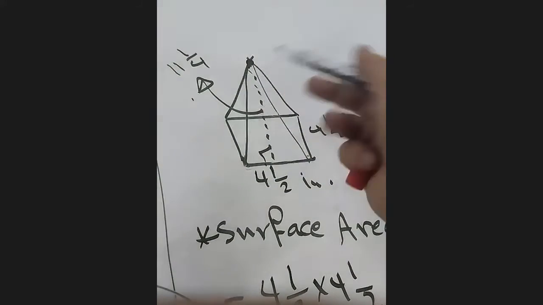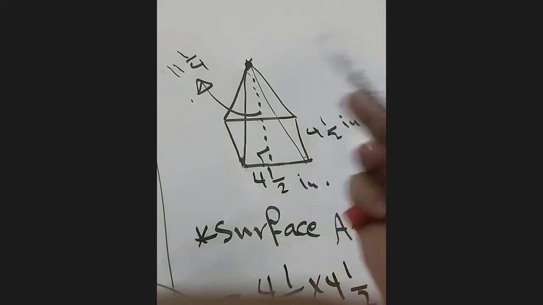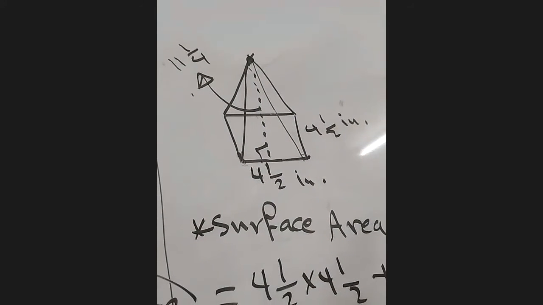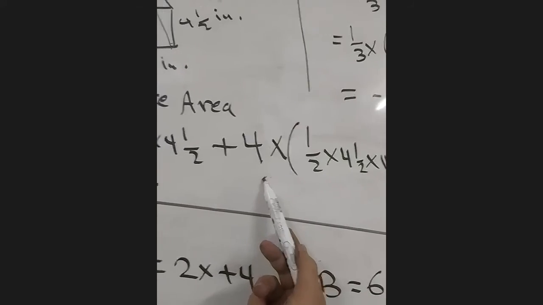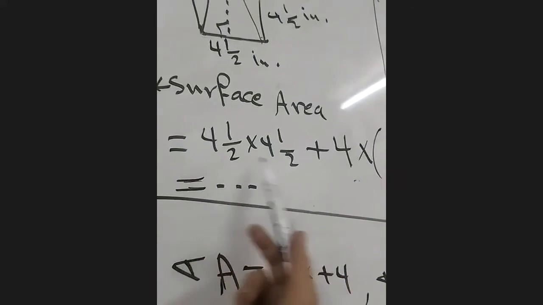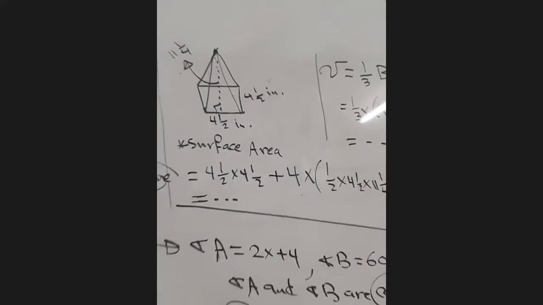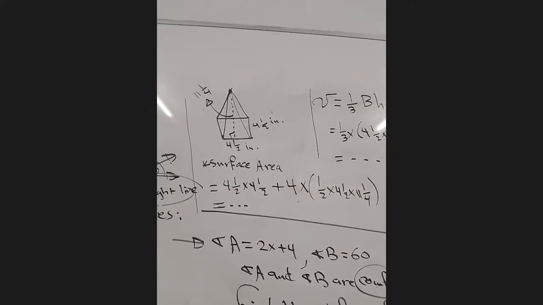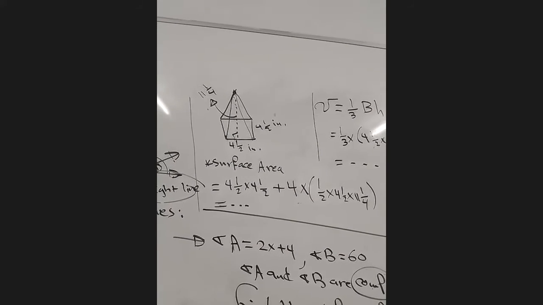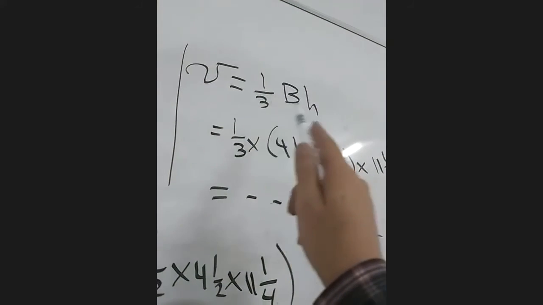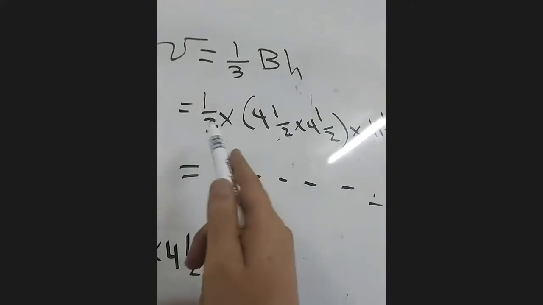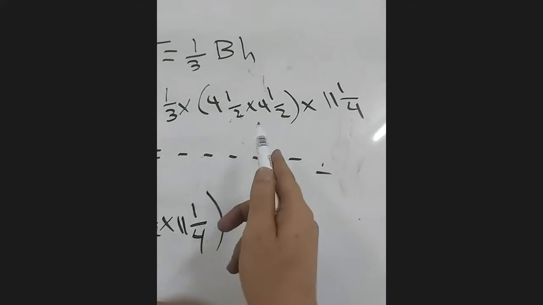So the 4 triangles have the same base and the same height, which means they have the same area. That's why I multiplied by 4, plus the area of the base. The base is a square. What's the area of the square? S by S. Okay. Got it? But the volume is 1/3 base area multiplied by the height.